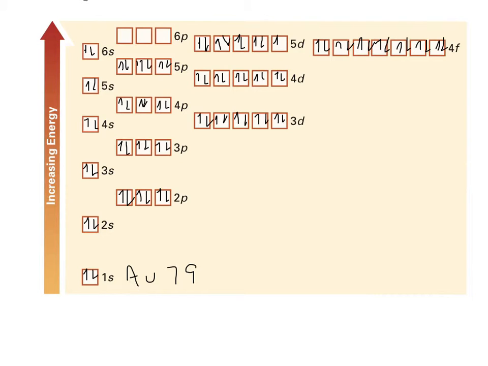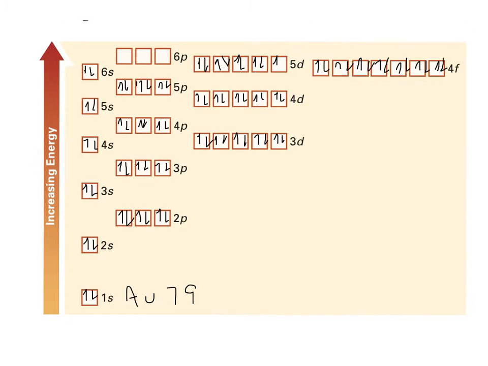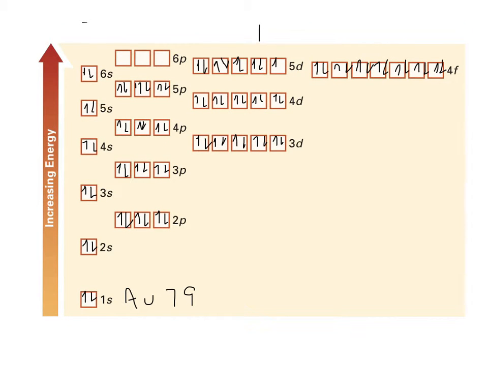Okay. Anytime that you have a d sublevel, this level right here, and you have either 4 of them in there or 9 of them in there, what happens is it actually becomes more stable for it to steal an electron from the s level before it. So this electron here actually will move over here.